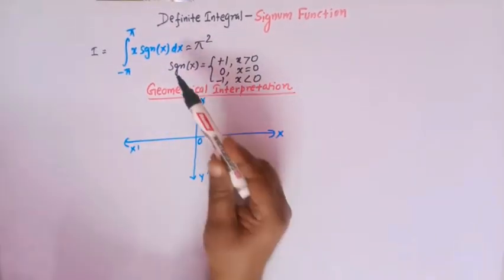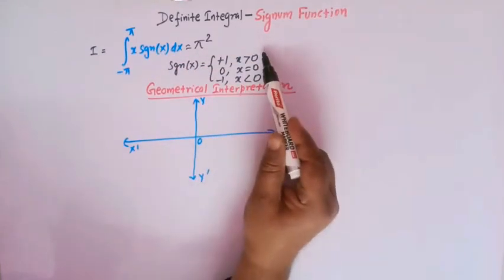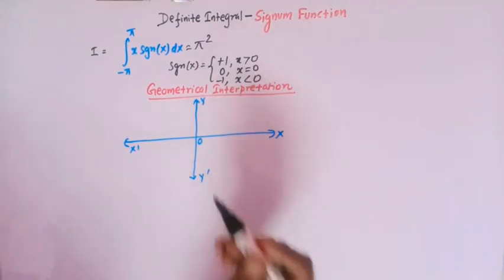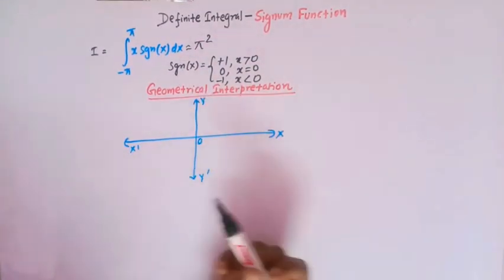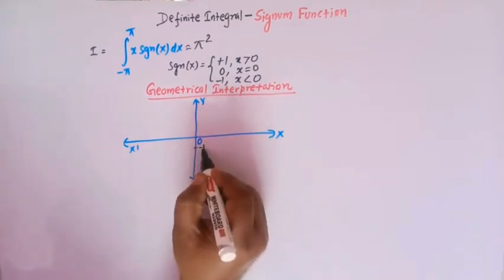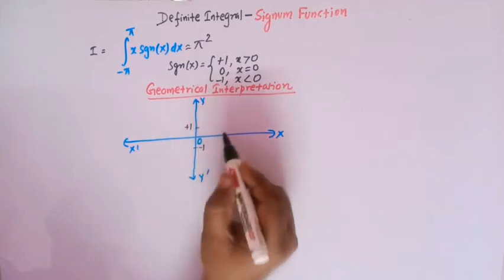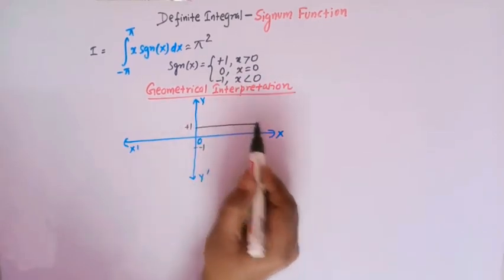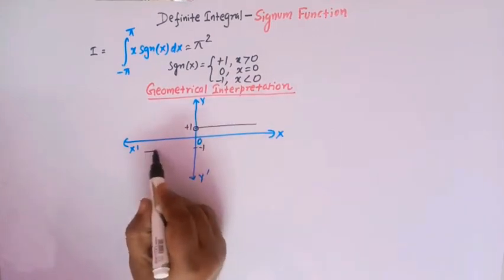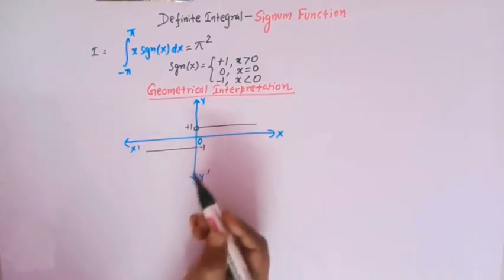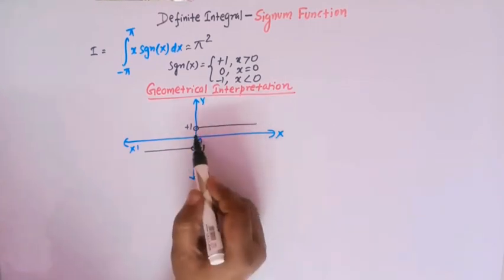So here we have defined the signum function of x in this way, right? And from the definition of signum function, we know that the graph looks like this. So this is plus 1, and this is minus 1, and this is the point 0, 0.